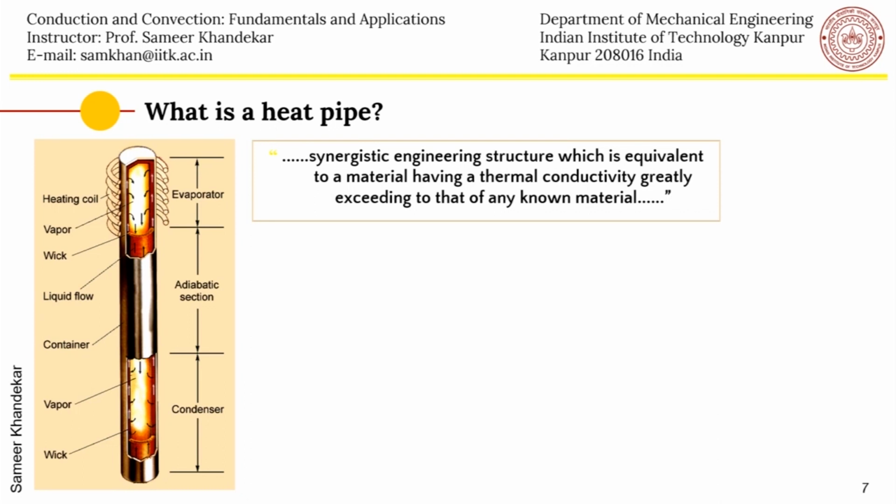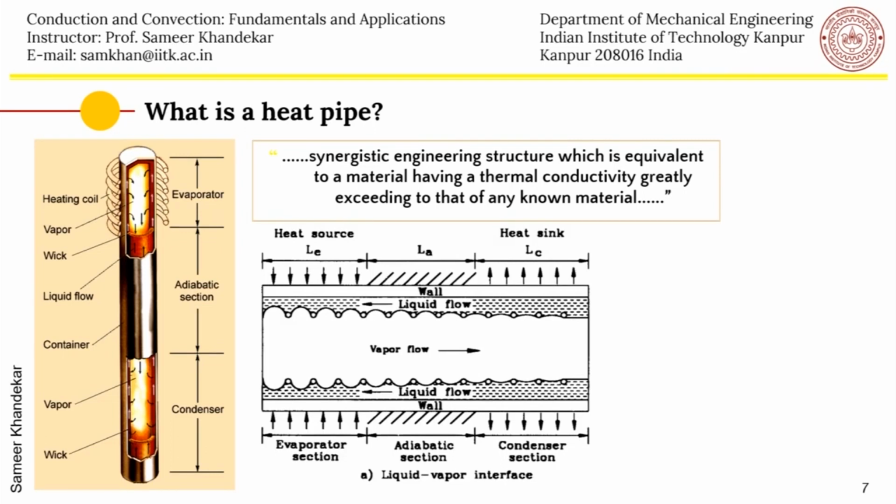Now a heat pipe in its simplest form will be a simple tube. It can be a copper tube or a stainless steel cylinder, and it will be evacuated. It will also have a wick, which you can see here in the cross section.